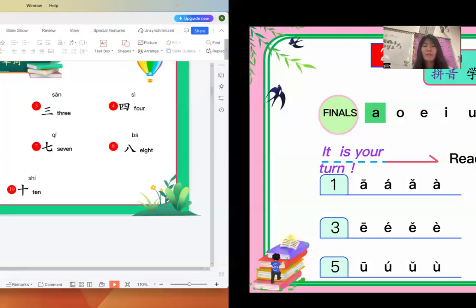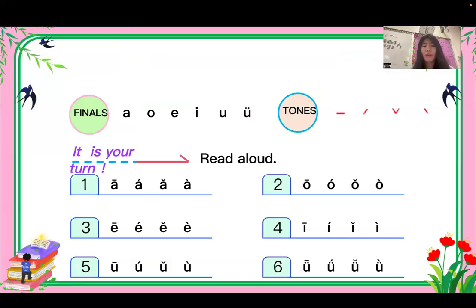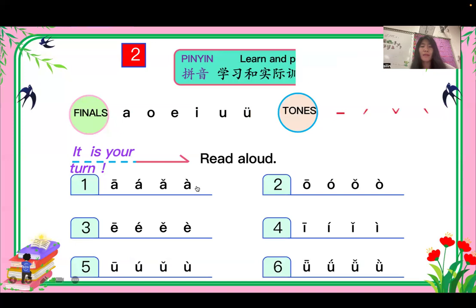Okay. Sorry, it's a little bit slow sometimes. Okay, so the last one is 啊. All right. I think for today, that will be it.